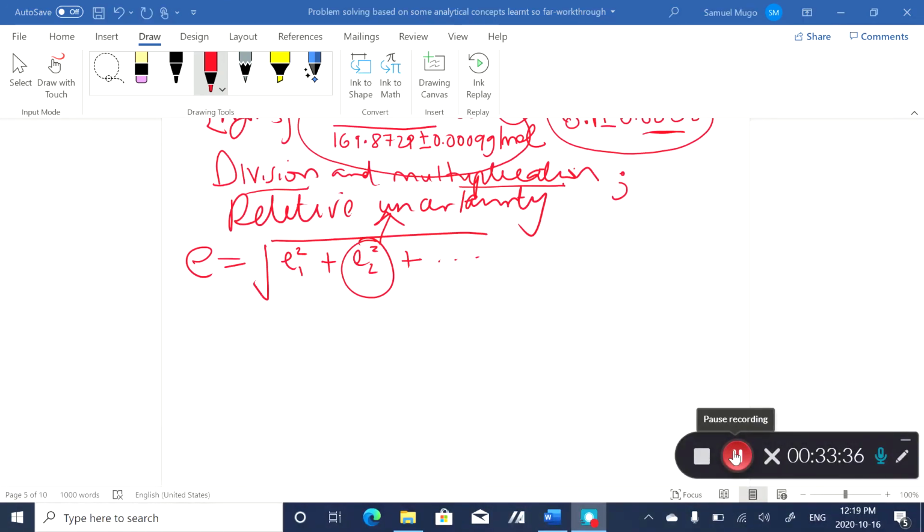And so we go ahead and convert our errors into relative uncertainty.